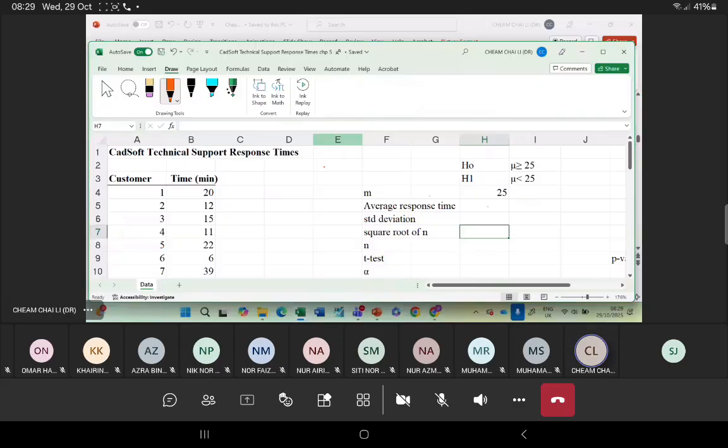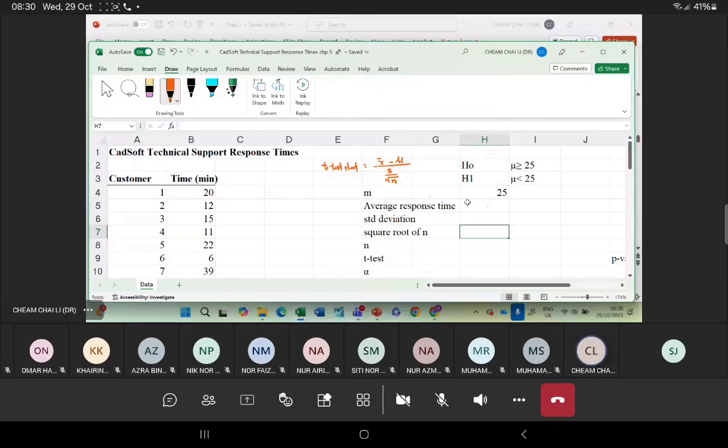So for example, the T test statistic equals X bar minus mu, divide by S, and then divide again with the square root of n. So this is your t-test statistic.